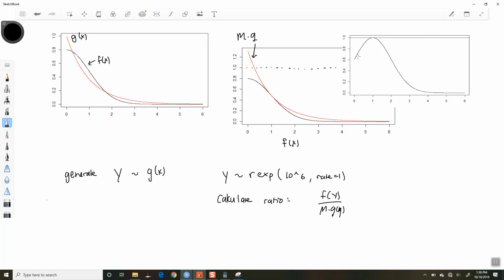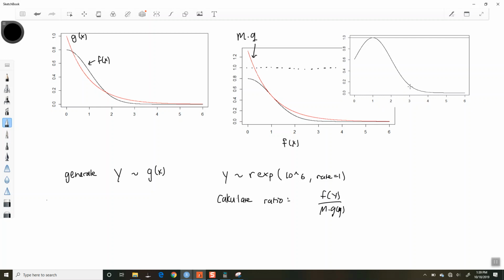And so that just means values near 1, we're going to accept every single one of them. Values near 0, we're going to accept maybe around 60% of them, okay? And as we get farther away, like values like 3, the exponential doesn't generate values like 3 very often to begin with, but the normal distribution generates them with even less frequency.